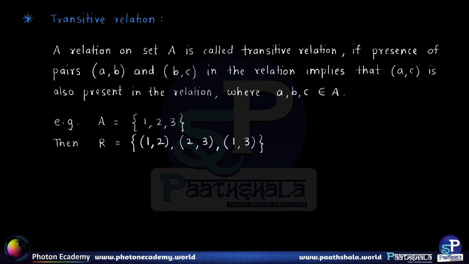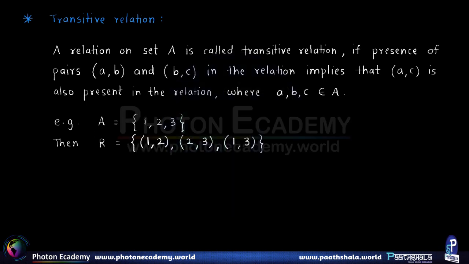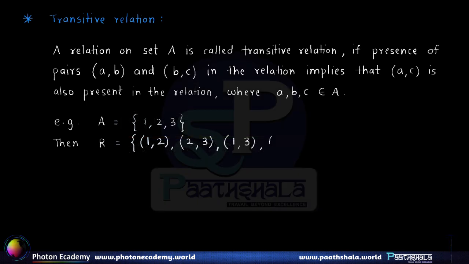Once again, like symmetric relation, here it's not necessary to form all the possible pairs from the given set and then check transitivity. It is only based on the existing pairs given in the relation. Now suppose in addition to these three pairs, we had (3, 3) as an additional pair, and we want to check whether this relation is still transitive.